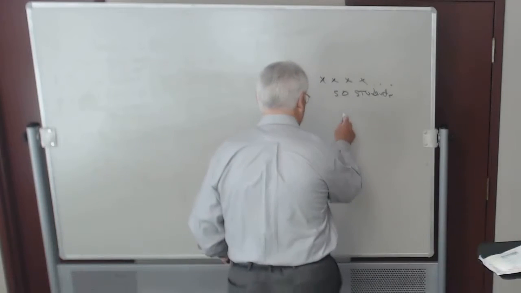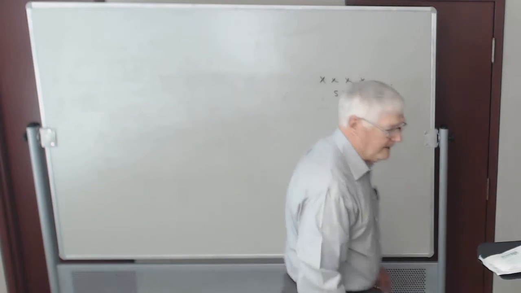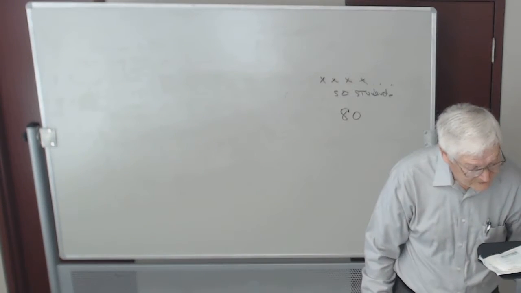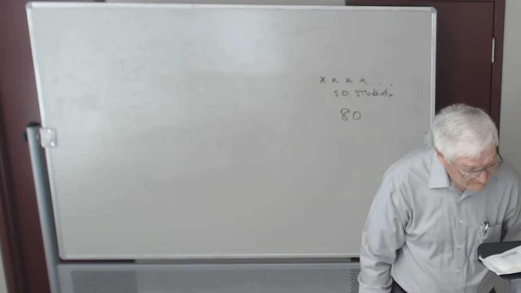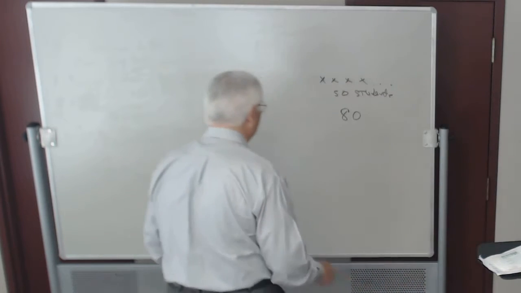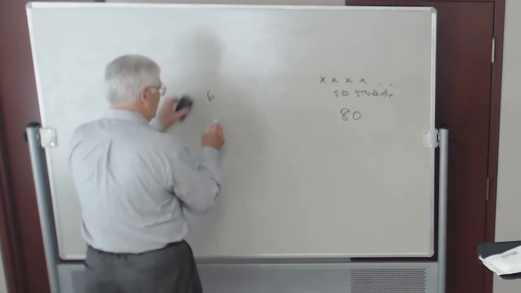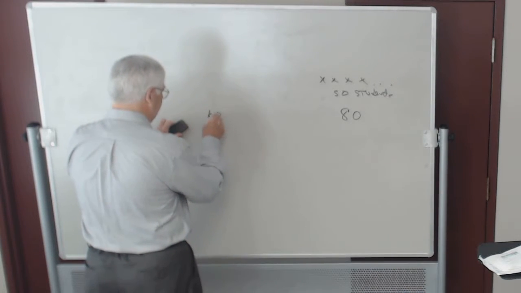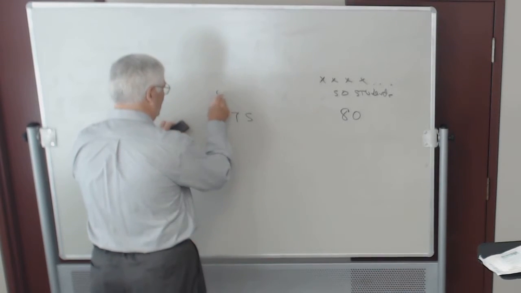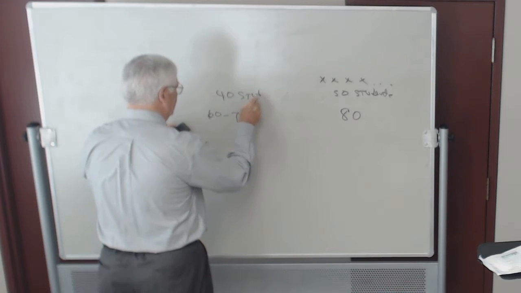They made an 80. And then what else for number 16? 40 of them between 60 and 75. 60 to 75 was 40 students.